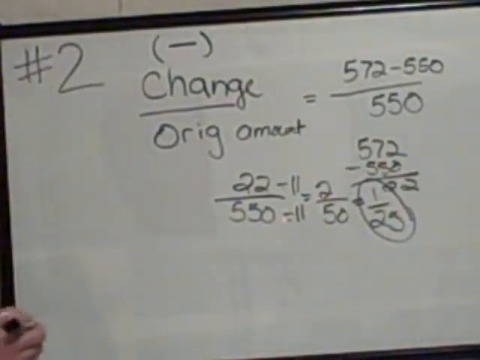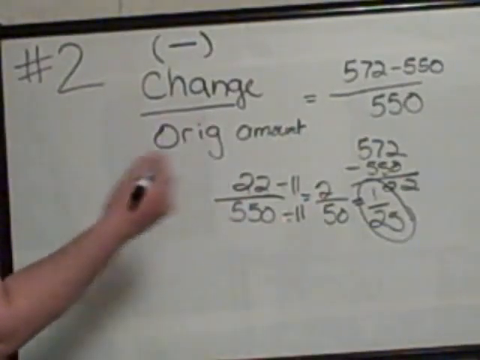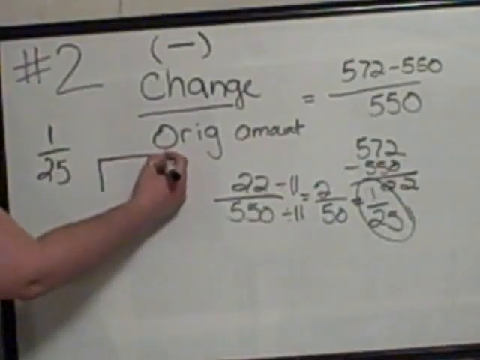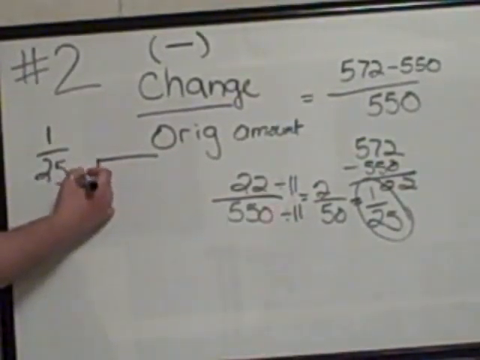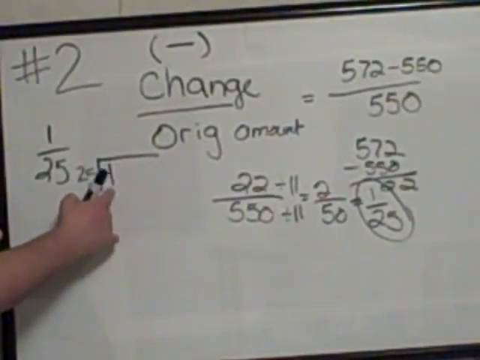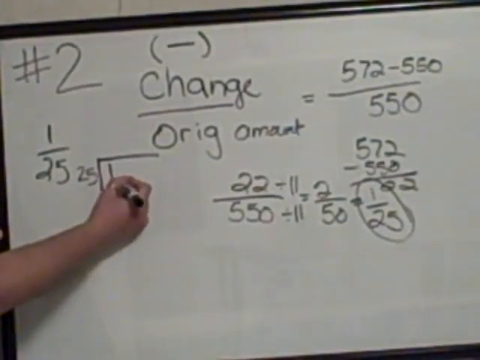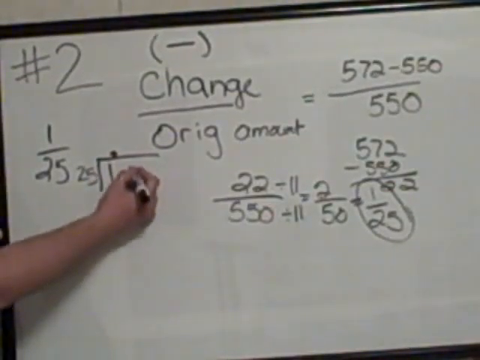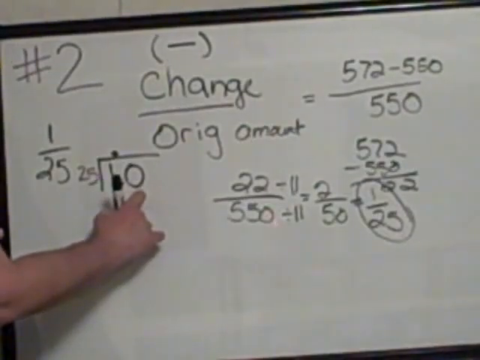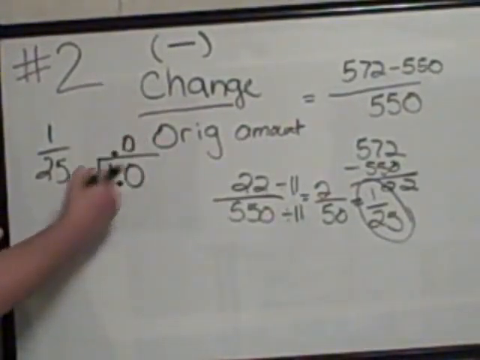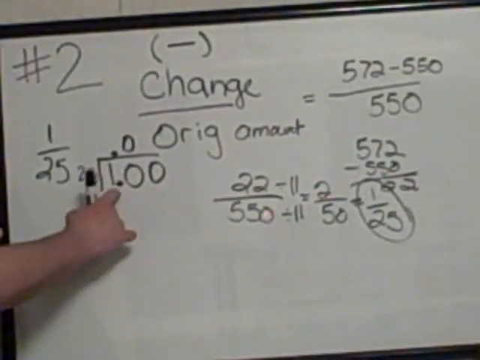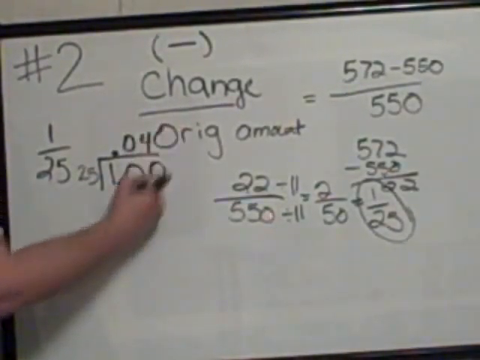I have to change that into a percent. Remembering how to change a fraction into a percent, I divide those two numbers. The denominator sits in the front and the numerator sits underneath. 25 does not go into 1, so I must add a decimal, bring the decimal up, and add a 0. 25 does not go into 10, so I must put a 0 at the top and then add another 0 here. 25 goes into 100 4 times.